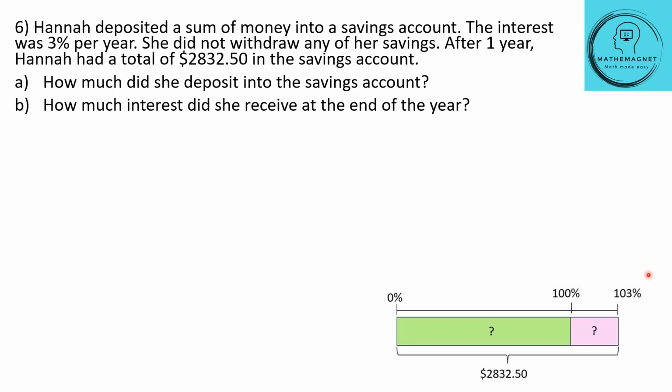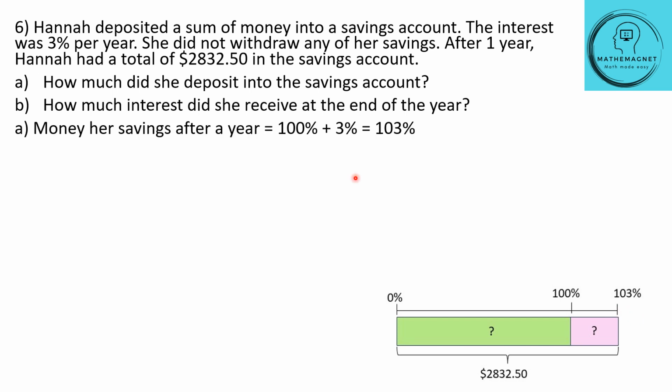So this becomes 103% at the end of 1 year. Now the question is, how much did she deposit? So basically we need to find the 100% and how much is the interest, which is 3%. How much is the interest that she has received at the end of the year?